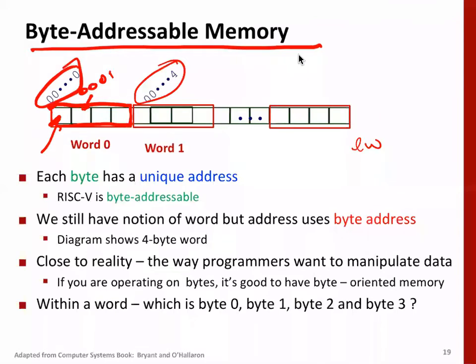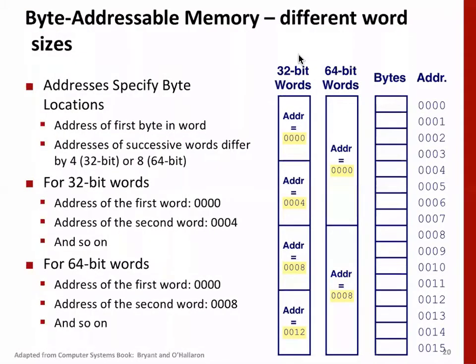Okay, so let's take another example. Now consider byte addressable memory, meaning each byte will have an address. So this is the byte address: the 0th byte, first byte, second byte, third byte, and so on. But the word size for me, say in RISC, is 32 bits.